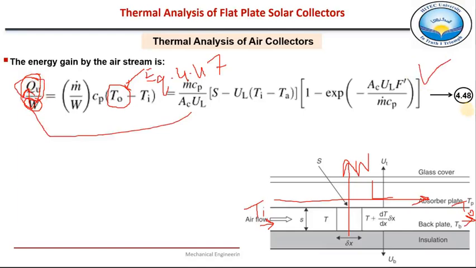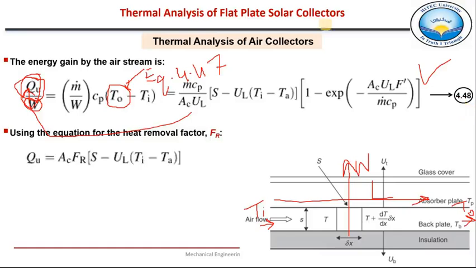So that is equation 4.48, which represents the useful heat gain. Here we can introduce the heat removal factor, just like in liquid flat plate solar collectors. So here this whole term represents F_R.